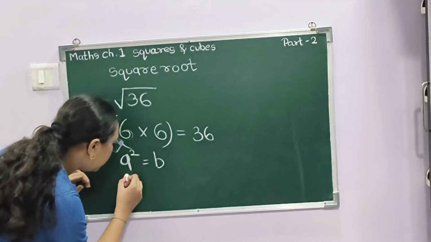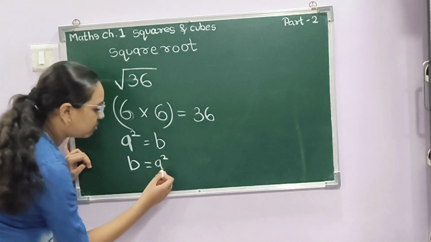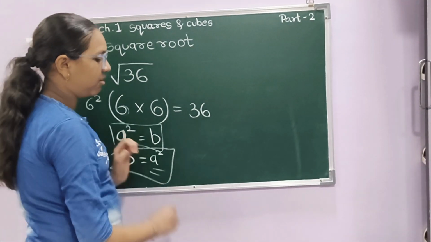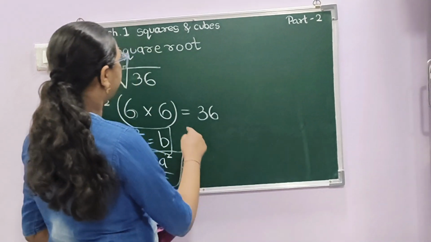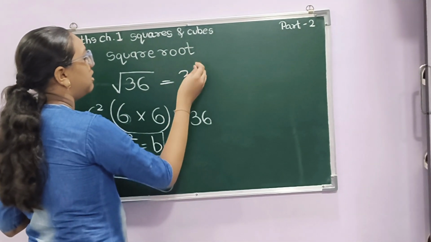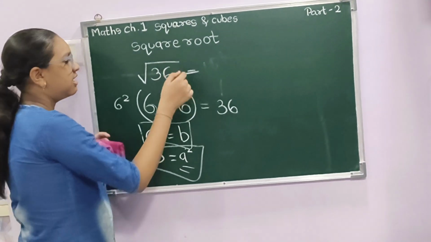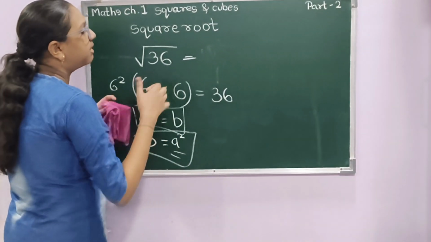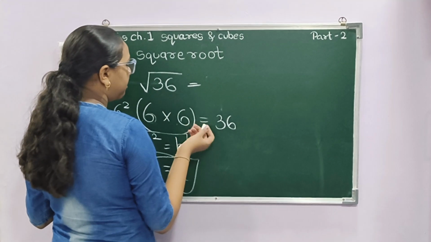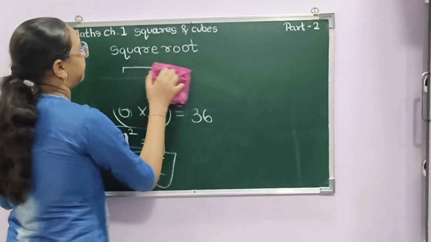Then a is called the square root and b is called the square number. Did you understand? For 36, if I multiply 6 into 6, I get 36. I have got that number by multiplying a number by itself, so the square root is 6.